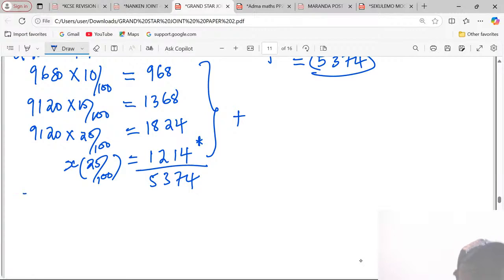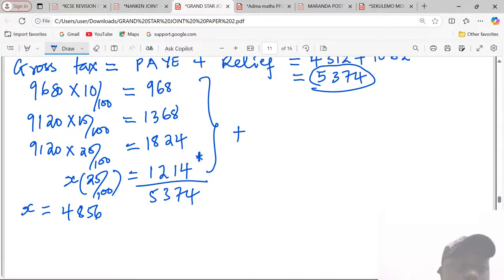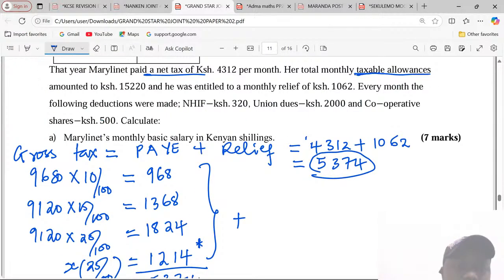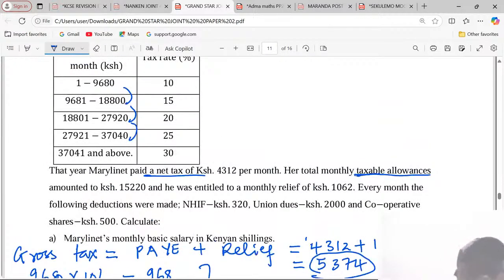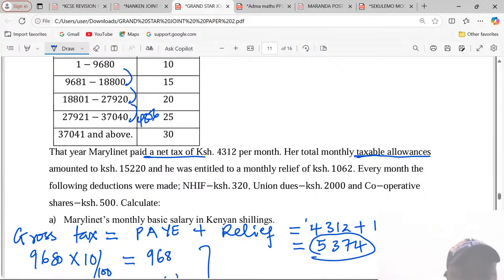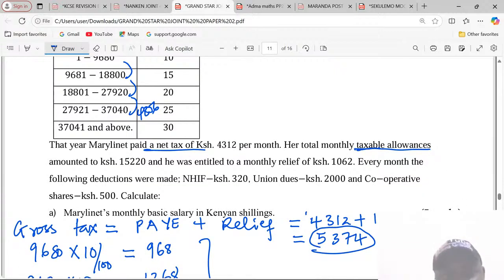X is going to be 4856. So the only taxable income in this bracket is 4856, which means after 27,920, we are only remaining with 4856 untaxed.